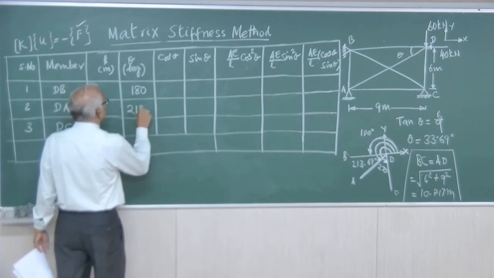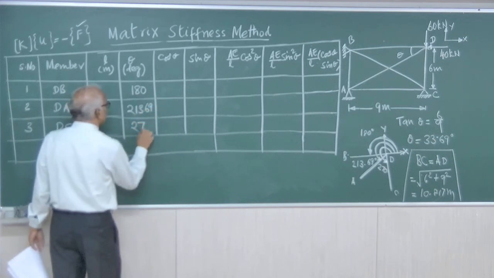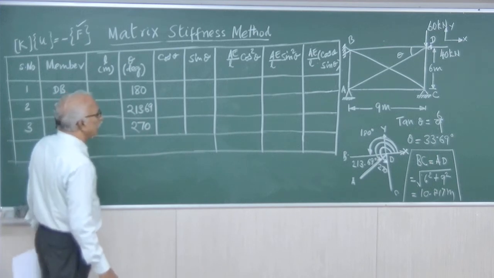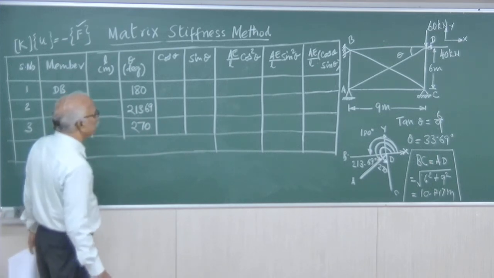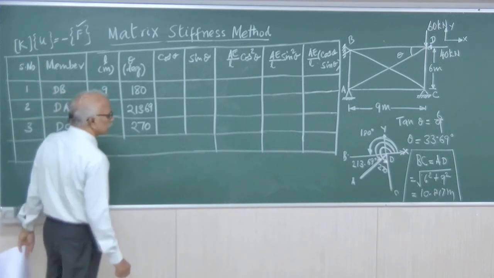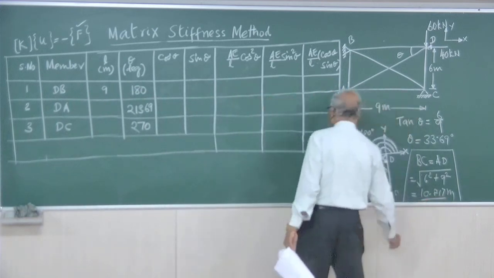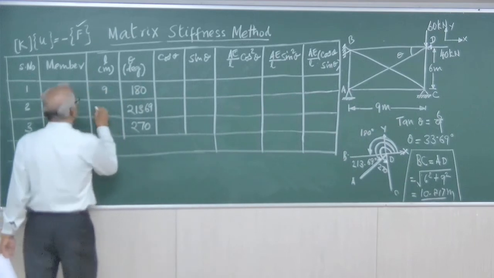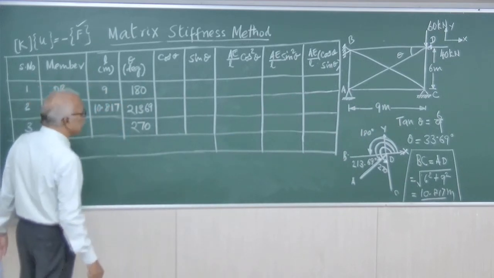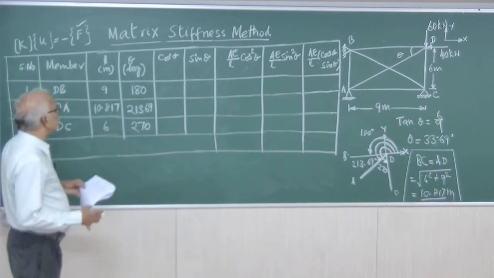For DA, 213.69 and for DC 270 degrees from x-axis. Lengths of members: DB, horizontal member, 9 meters. For DA, it is diagonal member whose length is 10.817. And DC is the vertical member, so 6 meters. So that's about the data.